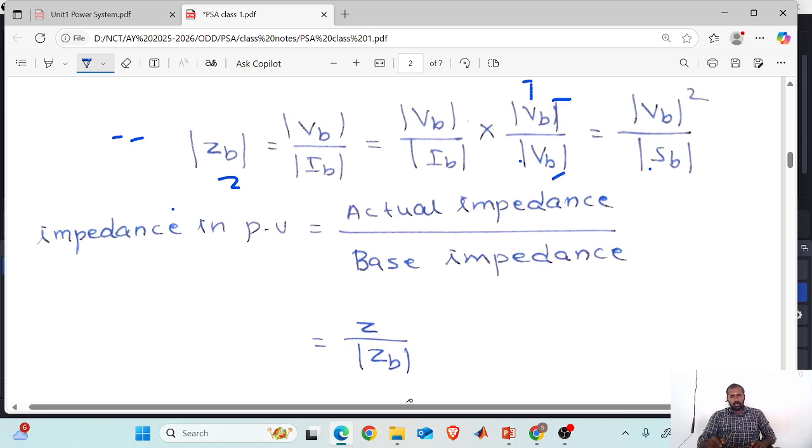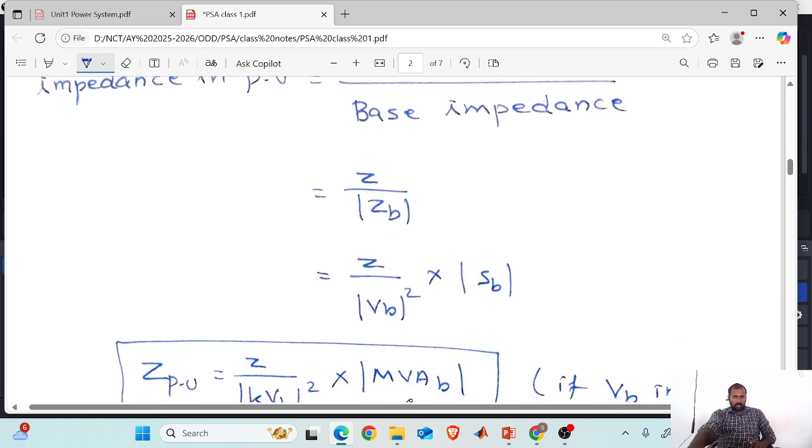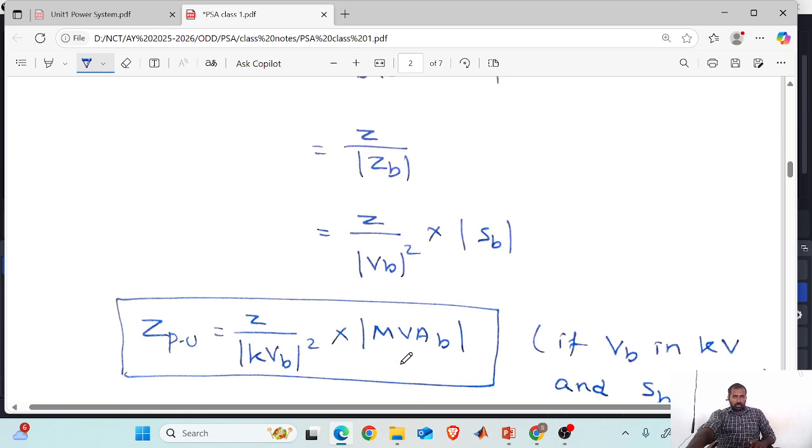So this comes out like this: VB square divided by SB. So the impedance in per unit, you can write the standard formula, actual value of impedance to the base value of impedance. So you can write Z divided by ZB, where ZB you already have the data.